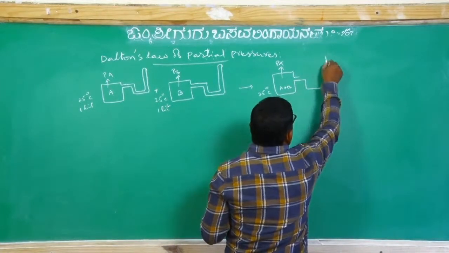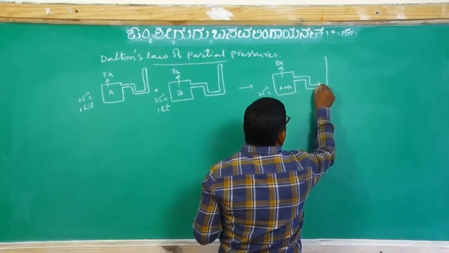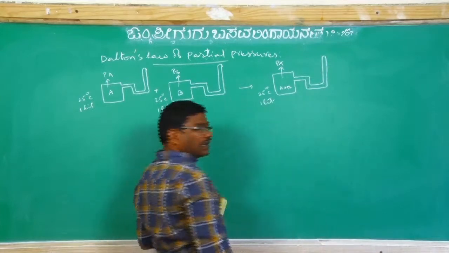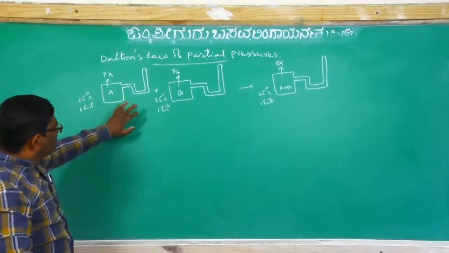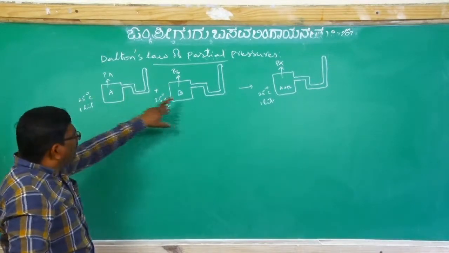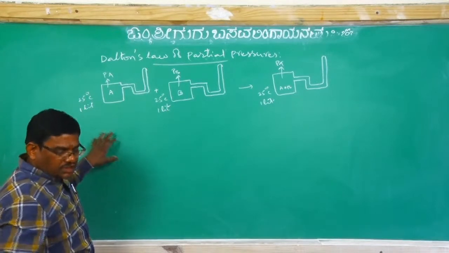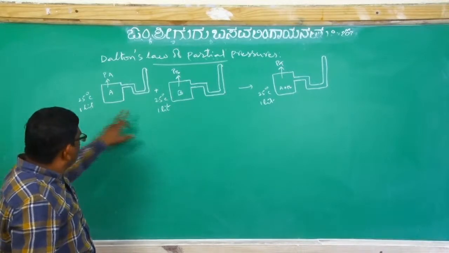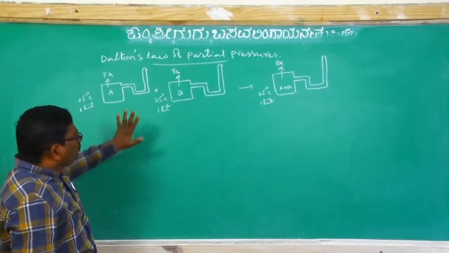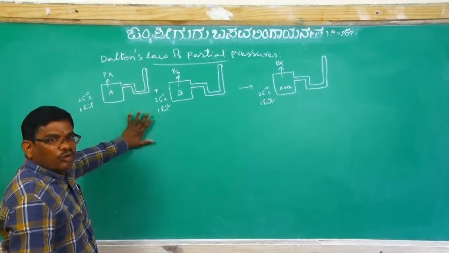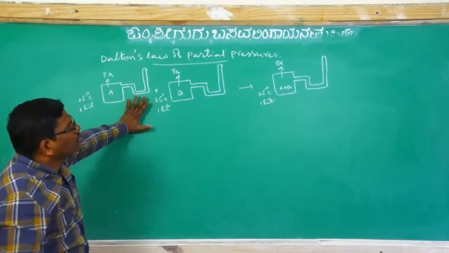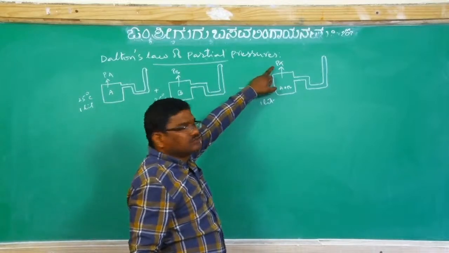So here also a manometer will be arranged and that pressure is going to be determined. Here at the same room temperature, temperature is kept constant. Volume is also kept constant. So at constant temperature and volume, the total pressure exerted is PT.